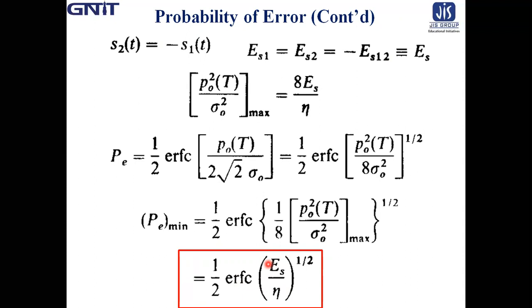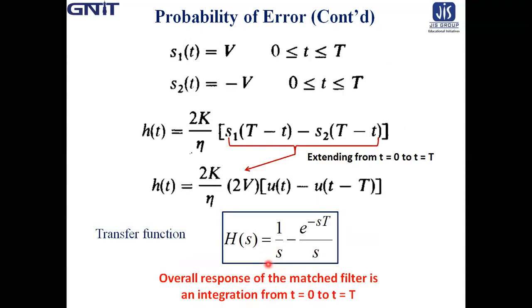So to clear this, this minimum error probability is identical with the error probability of the integrator filter, and this agreement leads us to suspect that for an input signal where s1(t) equal to plus V and s2(t) equal to minus V, the integrator is the matched filter, that is s1(t) equal to plus V and s2(t) equal to minus V, and hold for the time t equal to 0 to T for both cases.